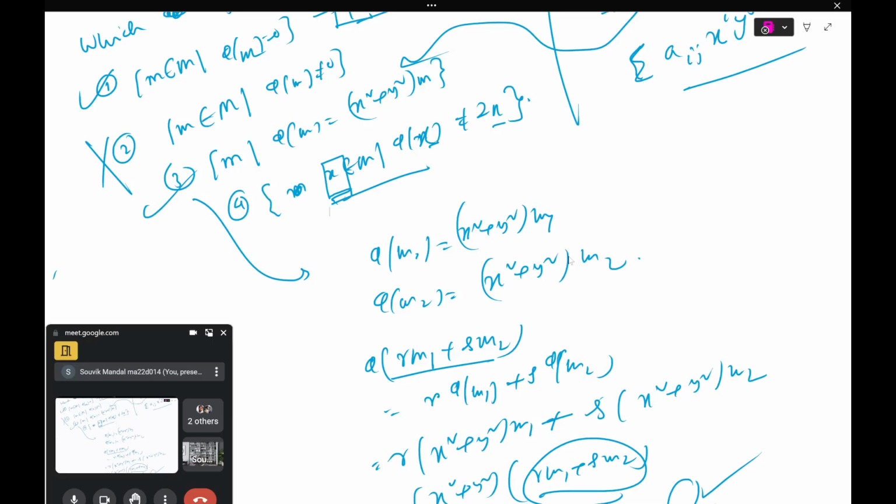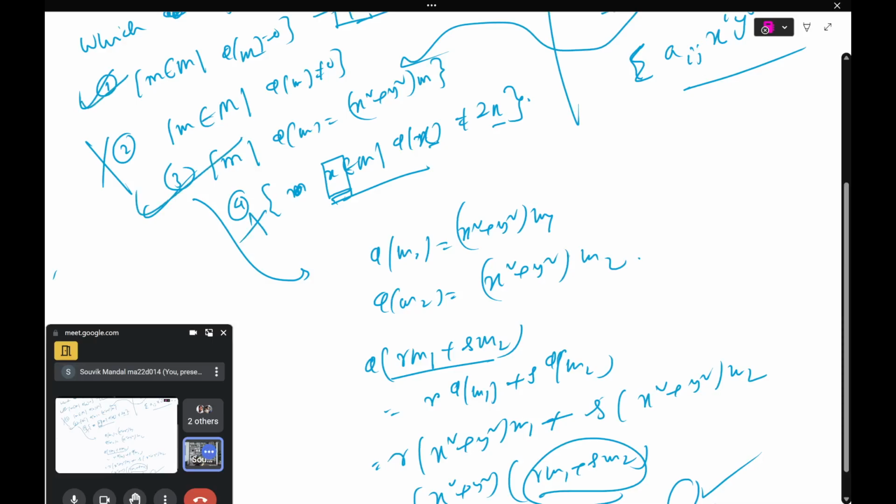It is violating the first condition, because if we put x equal to the zero element, then it must be equal to 2 into 0, that is 0. But here it is given that phi of x is not equal to 2x. So the zero element is not there. So only option one and option two, right? Understand? You only need to check that the zero element is there, that the set is non-empty, and that condition three is being satisfied or not. That's what we need to check.